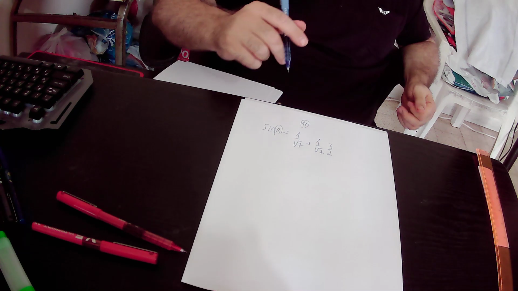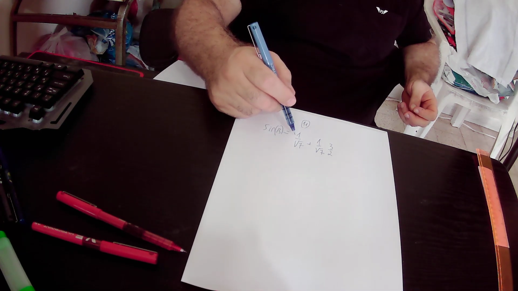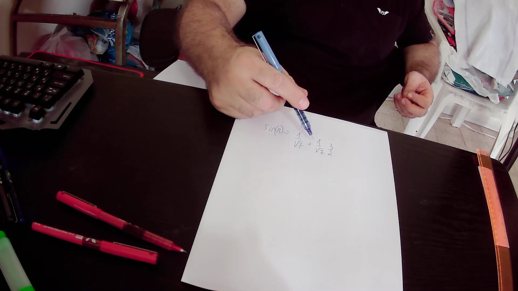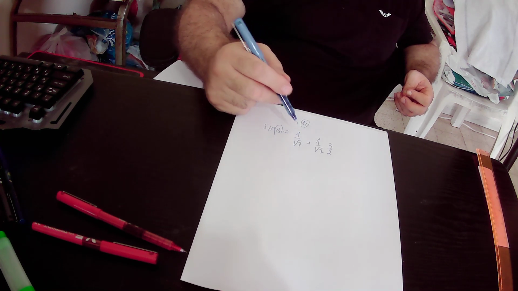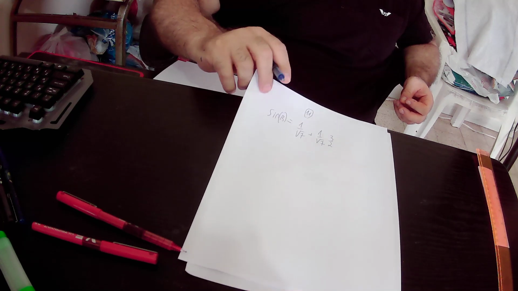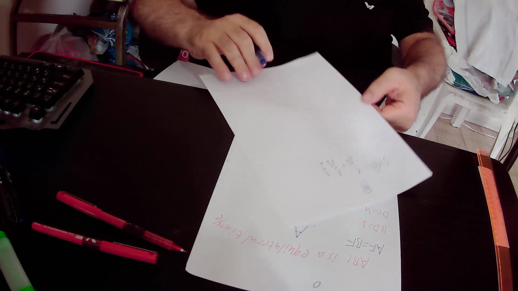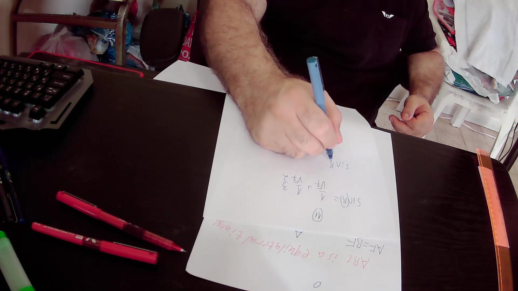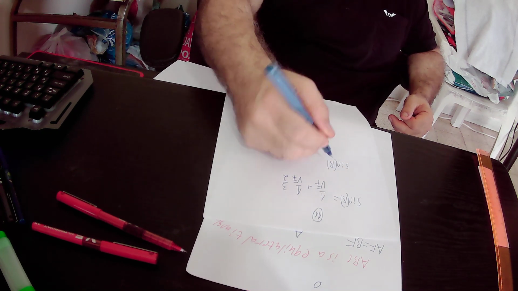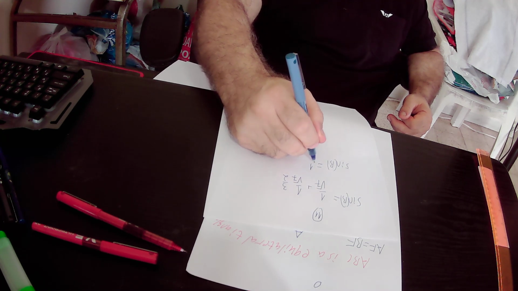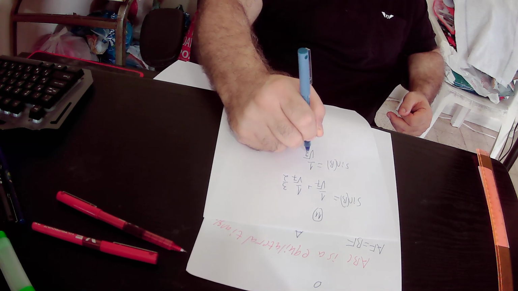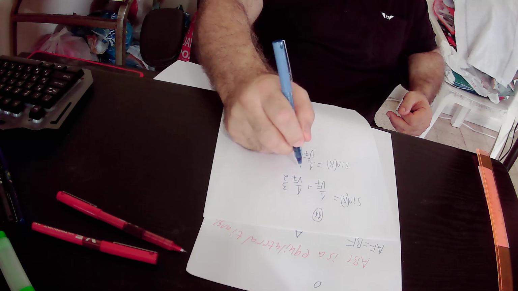Now we can take out 1 over root 7 as a common factor of this expression.